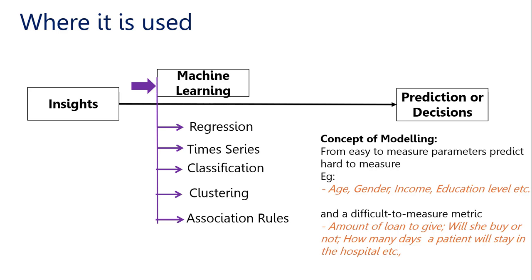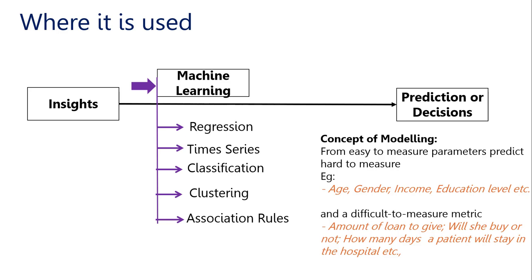From easy to measure parameters, models help us estimate difficult to measure metrics. And also, will she buy a product or not? How many days will a patient stay in the hospital? These are questions which are very difficult to measure. Modeling helps us to answer these questions.